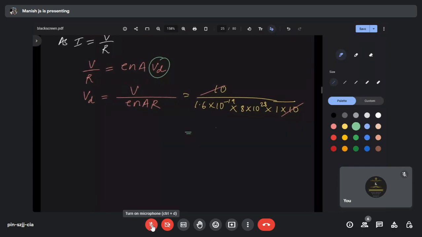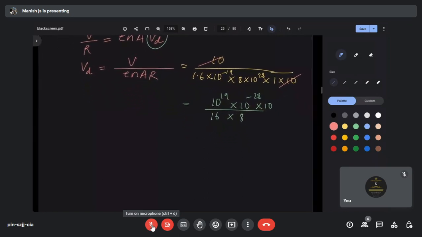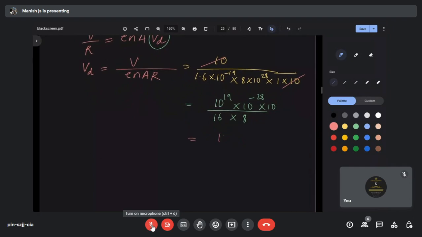10 power minus 19 when taken up becomes 10 power plus 19. 10 power 28 you take it up, 10 power minus 28, upon 1.6 can be written as 16 upon 10. So that 10 also we can bring up, into 8. Okay? So now you simplify this. 10 power minus 8, sir, by 16 into 8.